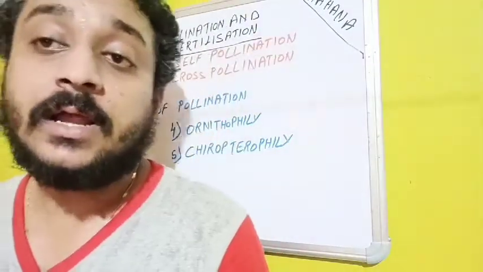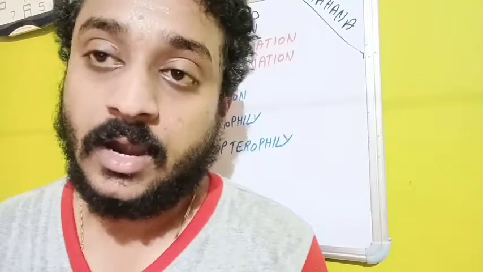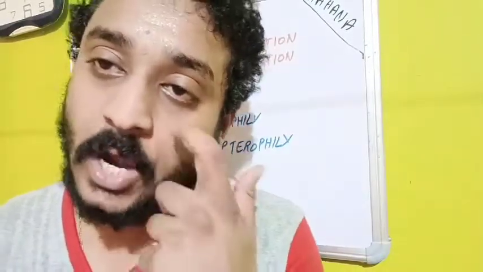Next is dichogamy. Under dichogamy, two cases are there: protogamy and protandry.